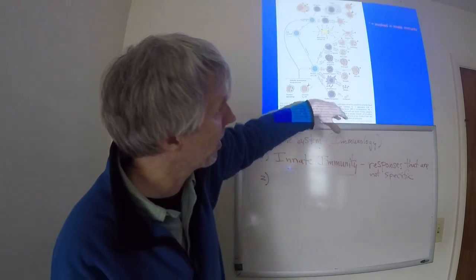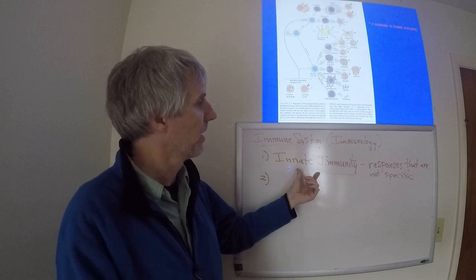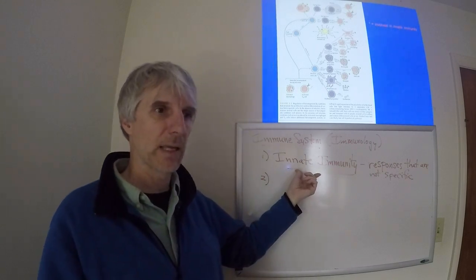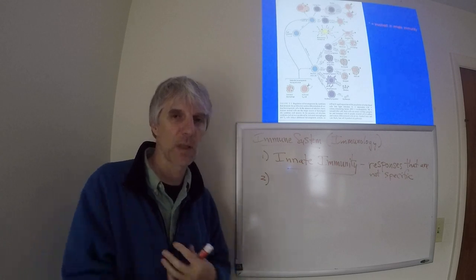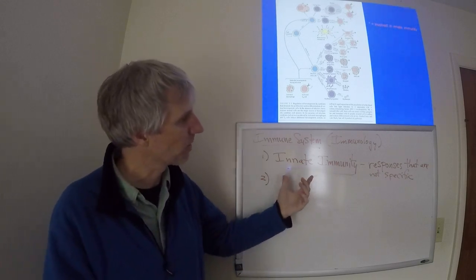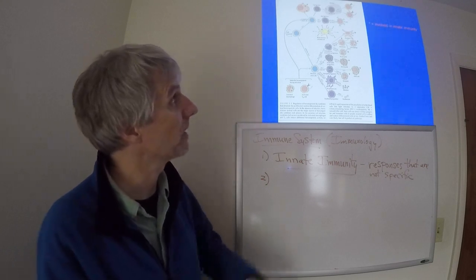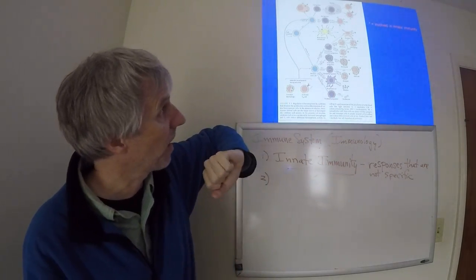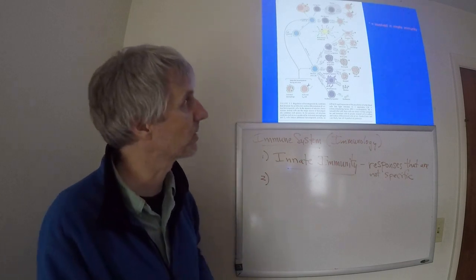These red starred cells are cells of the immune system that are also involved in innate immunity. So we're not just talking about physical barriers or physiological barriers. Now we're talking about a cellular component to this innate immunity, and these cells that have stars collectively are involved in this innate immune response.